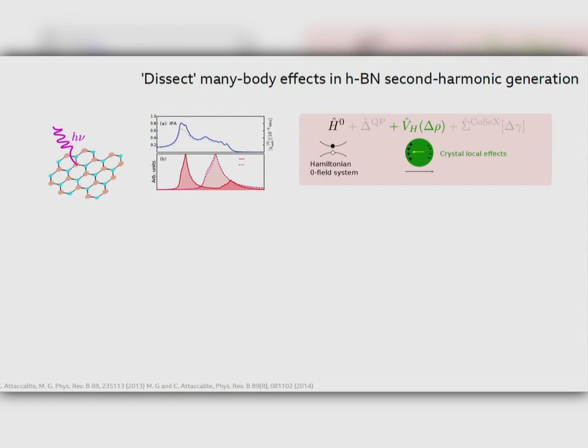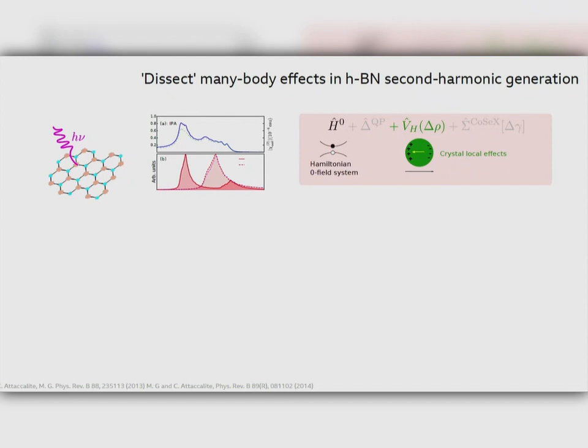On the top, I'm showing the second harmonic intensity, and for comparison, on the bottom, this is the absorption at the frequency and at half of the laser frequency. If we just include the zero field Hamiltonian, we get the independent-particle Kohn-Sham result.